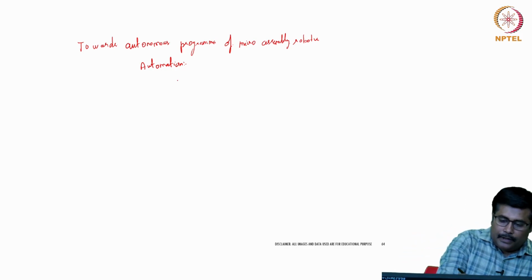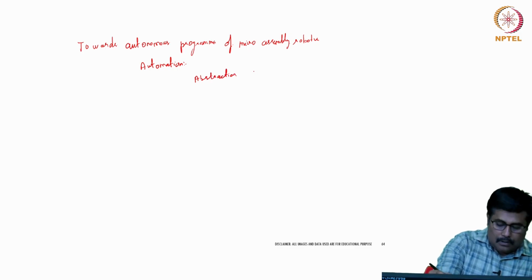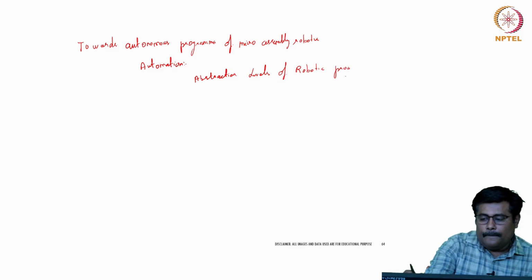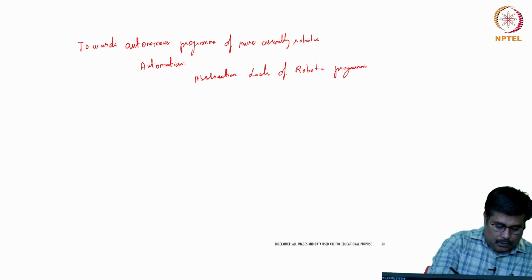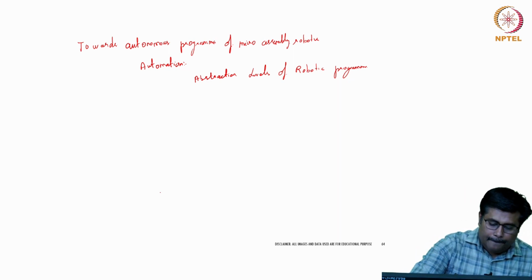So, in the case of the abstraction levels of robotic programming, one is related to the usability.